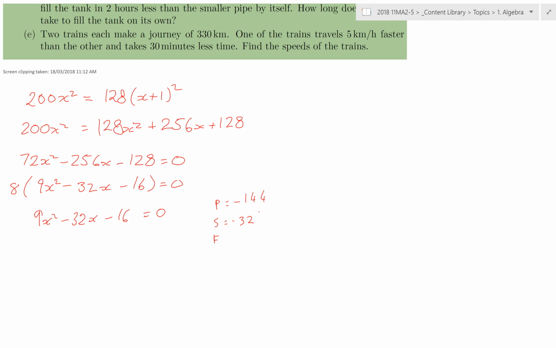It won't take me terribly long to work through a couple of factor pairs. So 2 72s, no. 3 lots of 48, no. 4 lots of 36 is 144. Okay, so my factors are negative 36 and plus 4. So now let's put them in over here. 9x squared minus 36x plus 4x minus 16 equals 0.